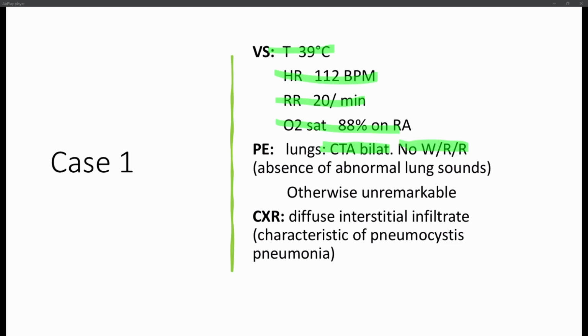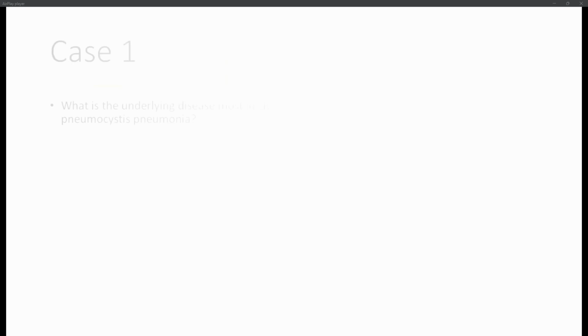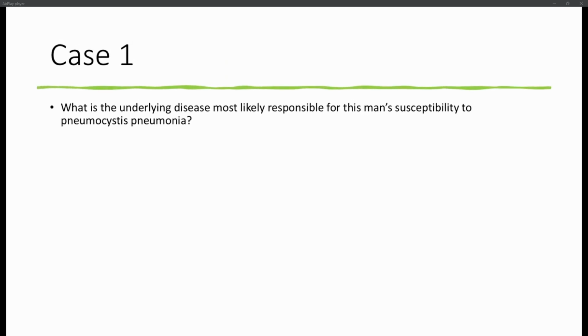Otherwise unremarkable. Chest x-ray: diffuse interstitial infiltrates, characteristic of pneumocystis pneumonia. Is that a normal type of pneumonia? No, it is not. So what is the underlying disease most likely responsible for this man's susceptibility to this type of pneumonia?